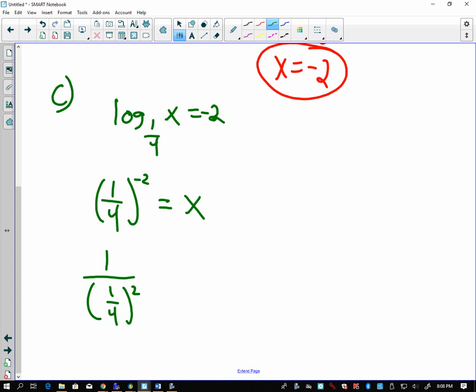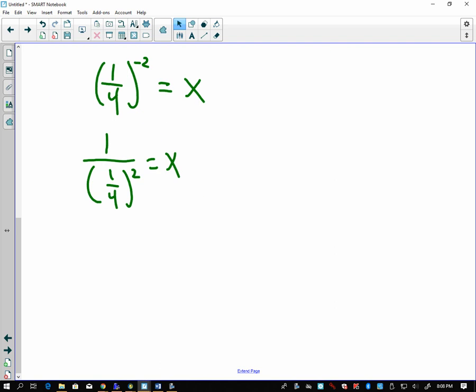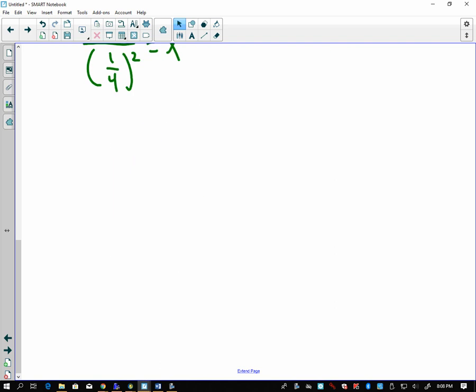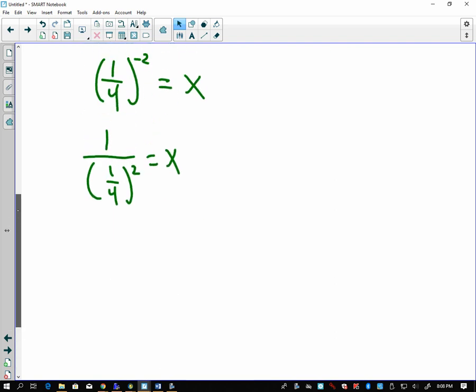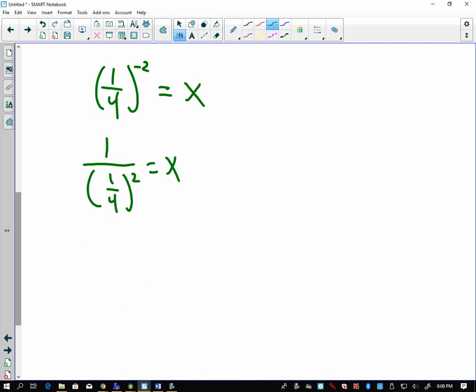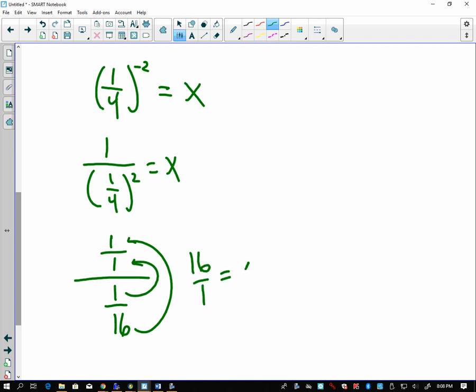That gives me a positive exponent. That is 1 over 1 divided by 1/16. Can't divide by a fraction, I can multiply by a reciprocal. So that gives me 16 over 1 equals x, or x equals 16.